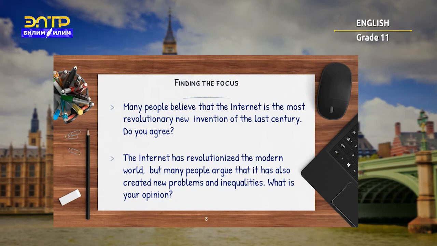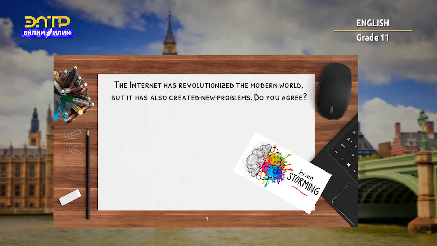So you must have a basic idea about what the internet involves and think about what revolutionize means, in order to make fundamental change. However, each topic raises different questions and must be answered differently. The first topic involves comparing the internet and other inventions and arguing that it is or is not the most revolutionary. On the other hand, the second topic expects you to consider both its benefits and the problems it has created.